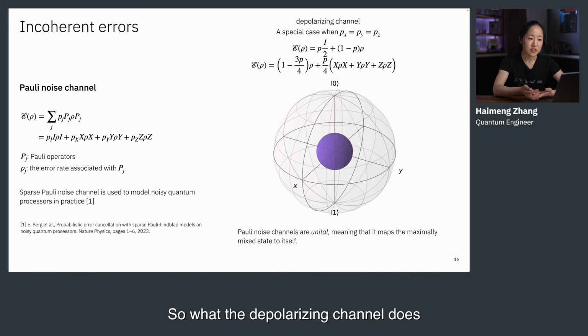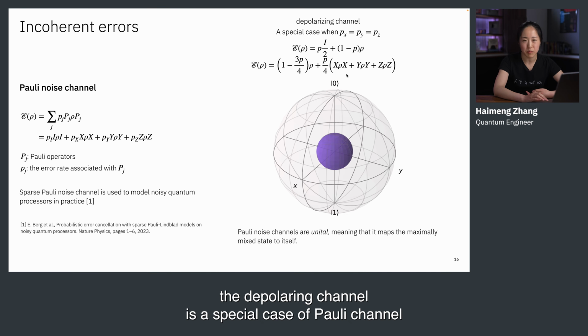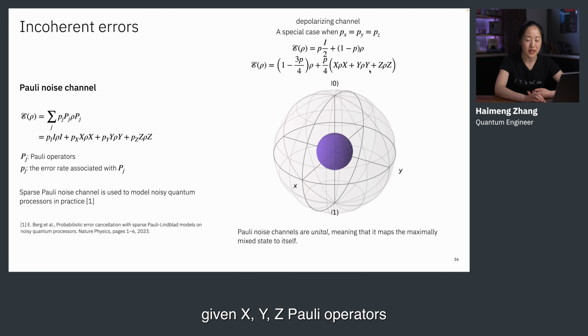What the depolarizing channel does is that with probability p, it maps the state to the maximally mixed state, and with probability 1 minus p, it leaves the state unchanged. So this formula directly suggests the depolarizing channel is a special case of the Pauli channel given X, Y, Z Pauli operators have the same probabilities.